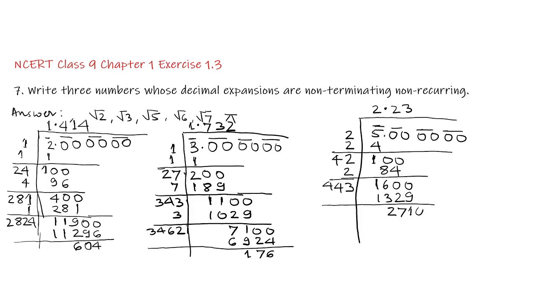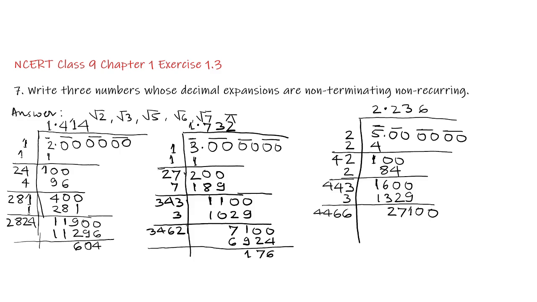We carry 2 zeros, so it becomes 27,100. We add 3 to the 443, so it becomes 446. Now we divide it by 6. I put 6 in the quotient and 6 after 446, so it becomes 4466. 4466 multiplied by 6.